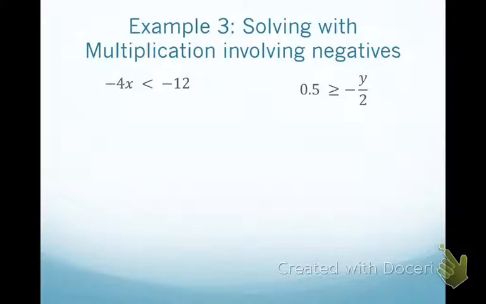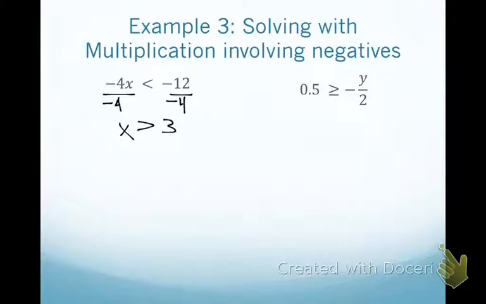But again, here's the catch. With an inequality, if I divide by a negative, what did we say happens to our symbol? It flips. So now instead of it being less than, it is greater than, and now what's negative 12 divided by negative 4? 3.